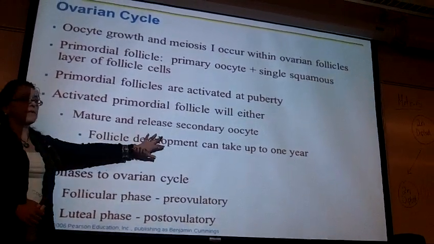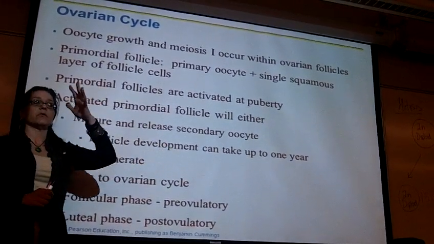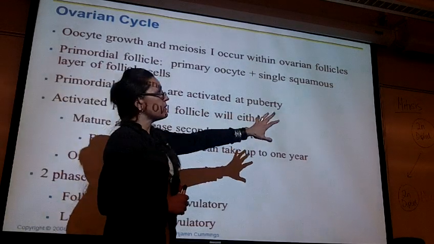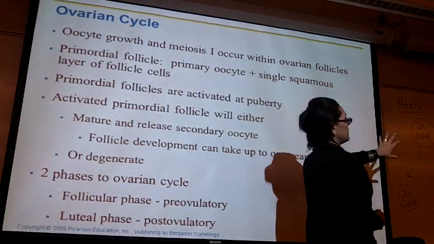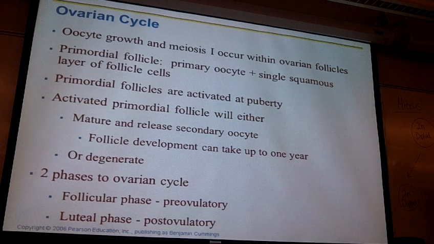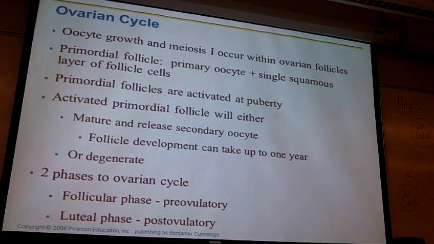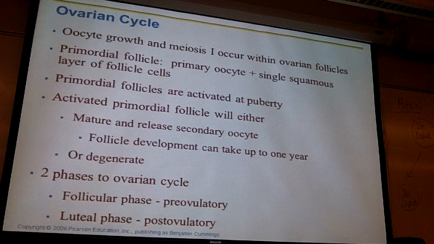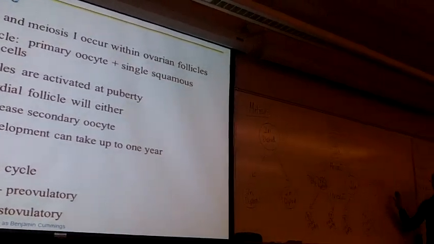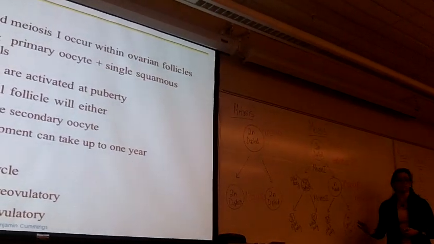Follicle development can take up to a year. We said that for a primary oocyte halted at prophase 1 to get to a secondary oocyte halted at metaphase 2, which means you're going from a primordial follicle to a mature tertiary or Graafian follicle, that process can take up to a year.